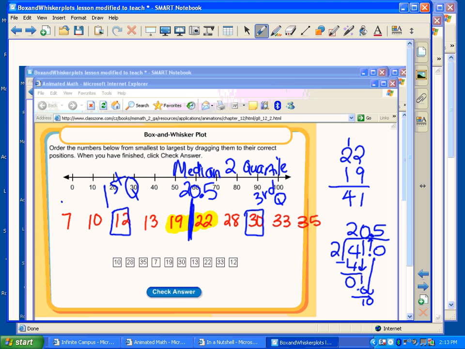What will you label for 7? Lower extreme. What will you label for 35? Upper extreme. Everybody got that? Yes.